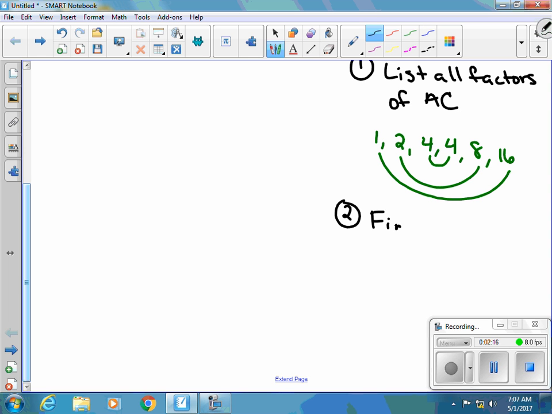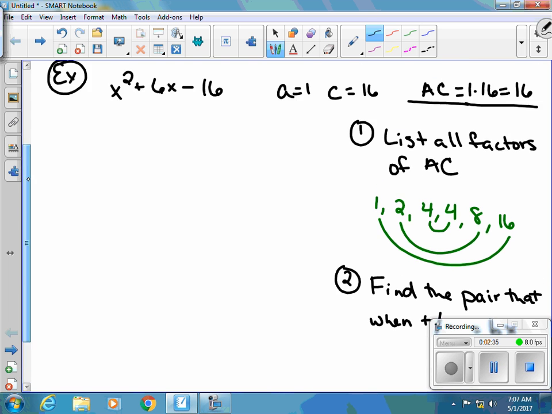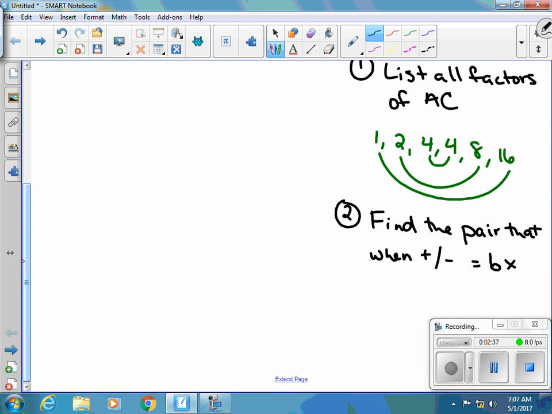So now what we do is find the pair that when added or subtracted equals the bx. So right now, our bx is that plus 6.